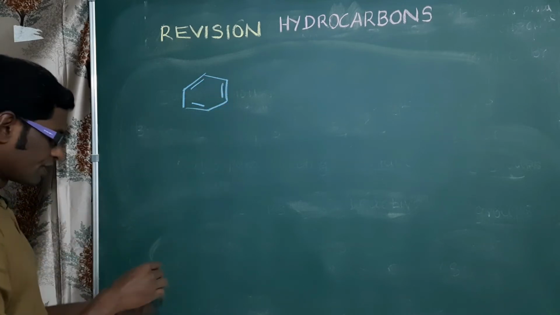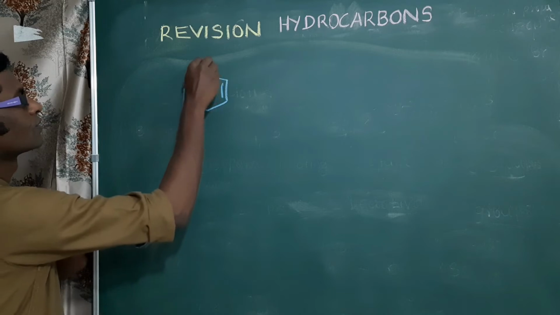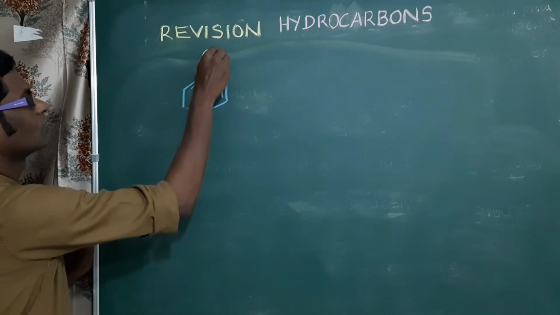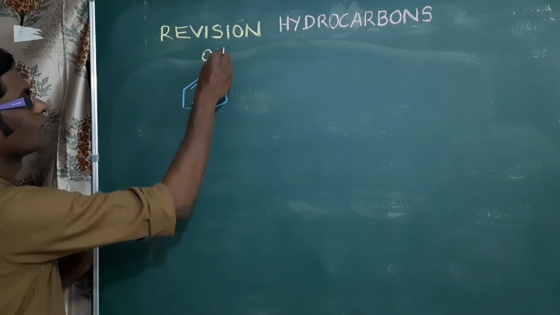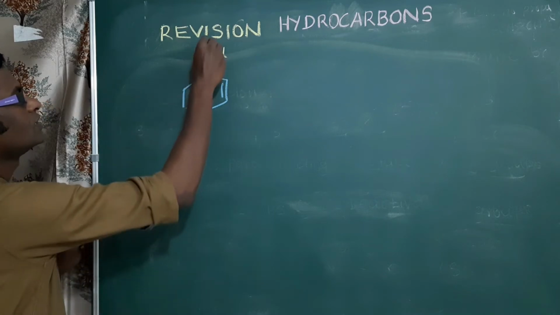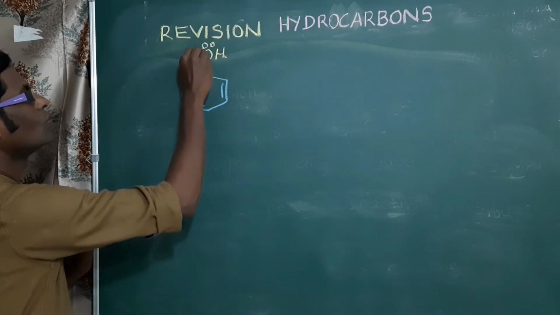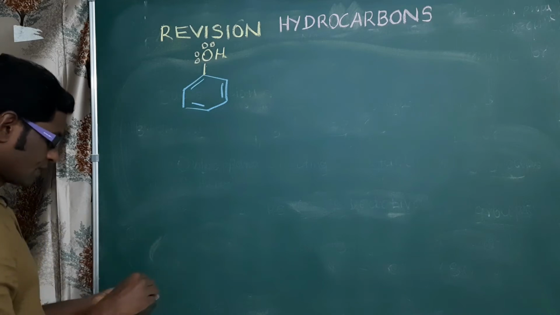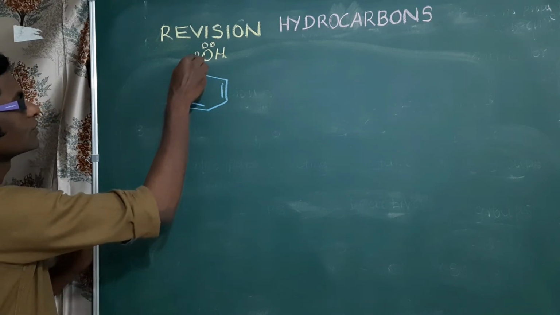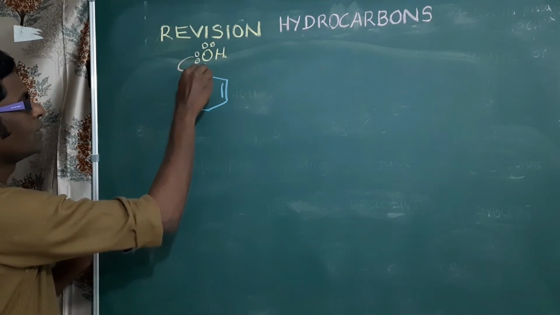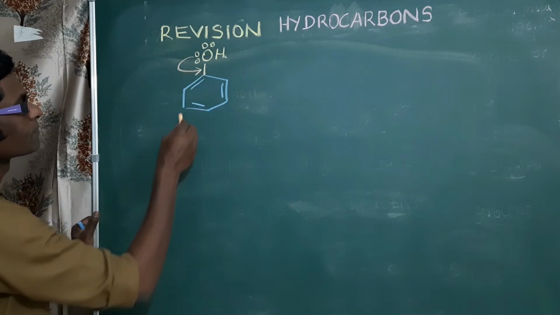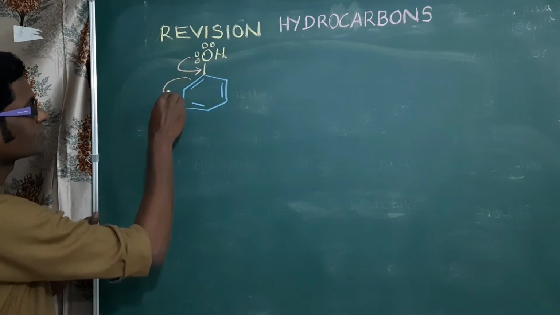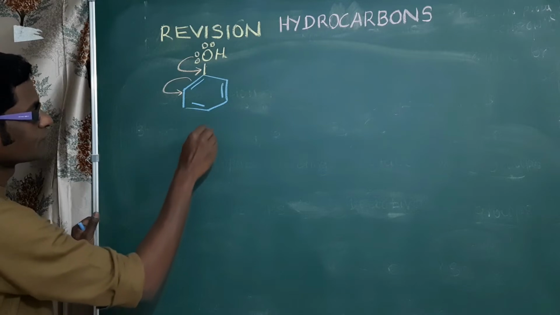Benzene has alternate pi bonds. The functional group is hydroxide, alcohol. This oxygen has two lone pairs of electrons. This lone pair makes a double bond with carbon. This electron stays on the ortho position.